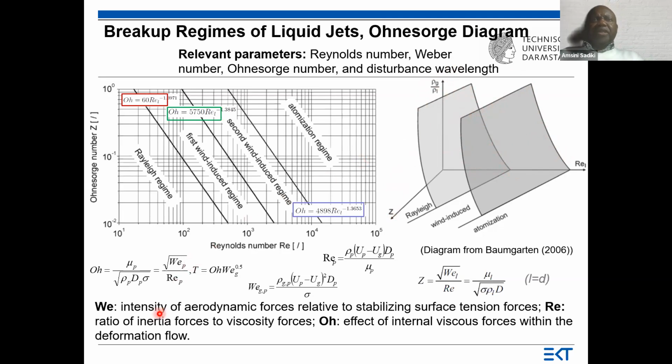So to sum up, we have the Weber number. It's a measure of the intensity of aerodynamic force relative to the stabilizing surface tension force. The Reynolds number we know, it is the ratio of the inertial force to the viscous force. The Ohnesorge number is a measure of the effect of internal viscous force within the deformation.